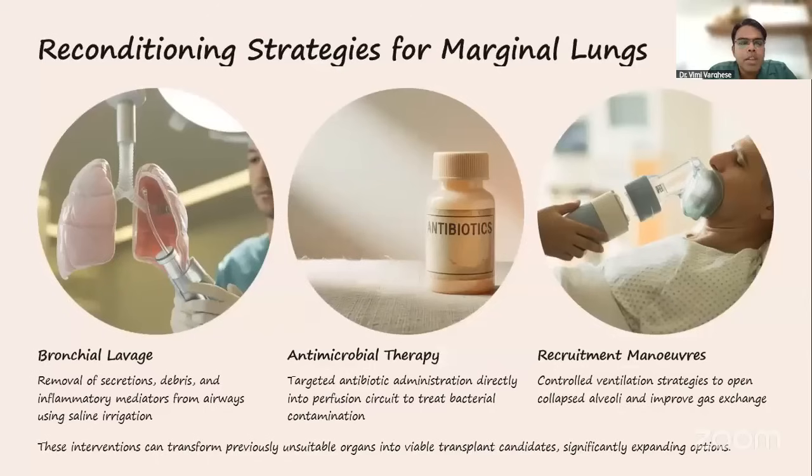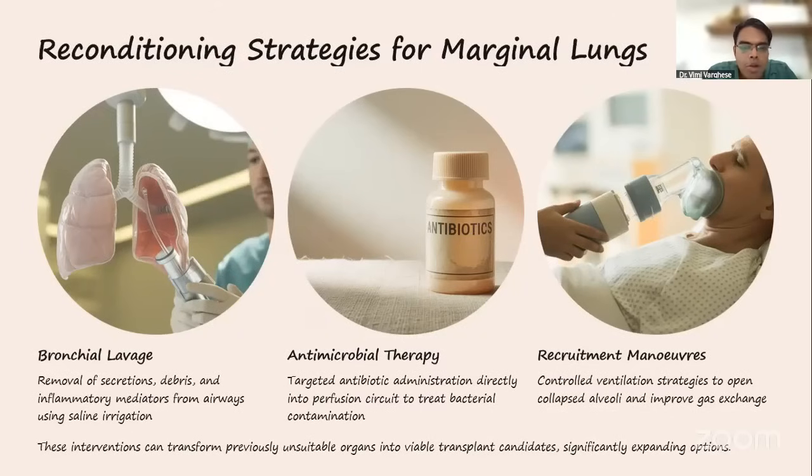Because of this mechanism, EVLP is a mechanism where it has 2 circuits: one circuit is attached to the pulmonary artery and the other circuit is attached to the left atrial cuff, and this is connected to an oxygenator and a filter, and we can do different samplings right from doing a bronchoscopy, as we can see on the left side.